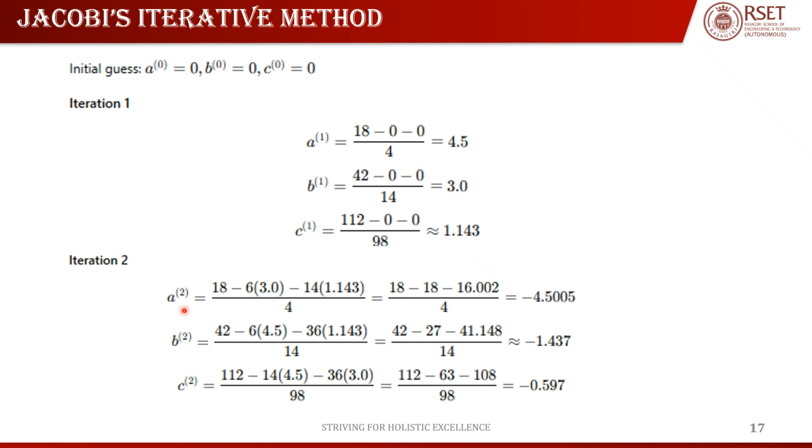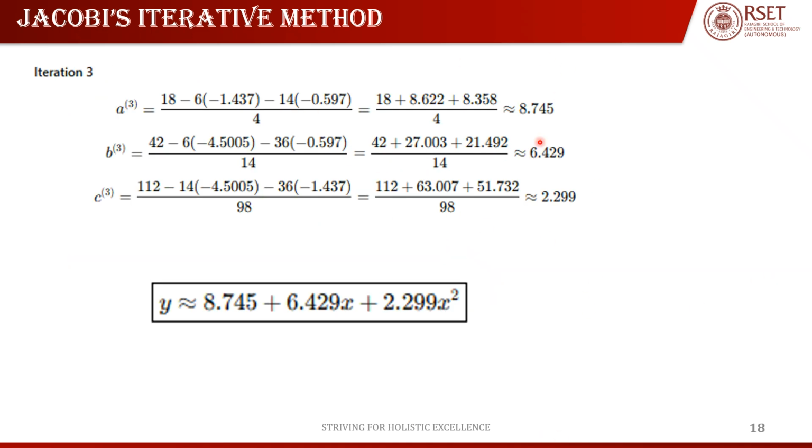Now get your a2. We obtain a2 using the b1 and c1. You obtain b2 by substituting a1 and c1. Similarly do the problem, and do the second iteration, and similarly the third iteration. From the third iteration your parabola is y equal to a plus bx plus cx square.